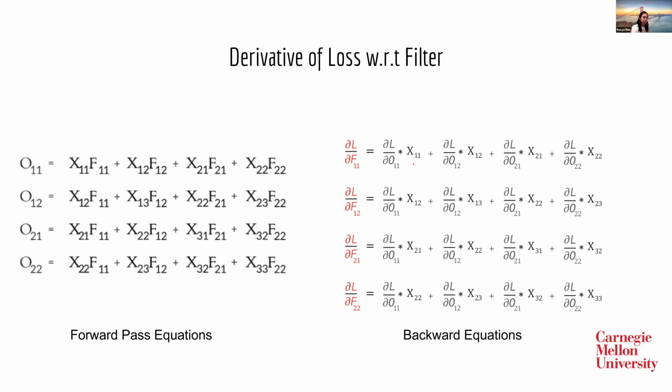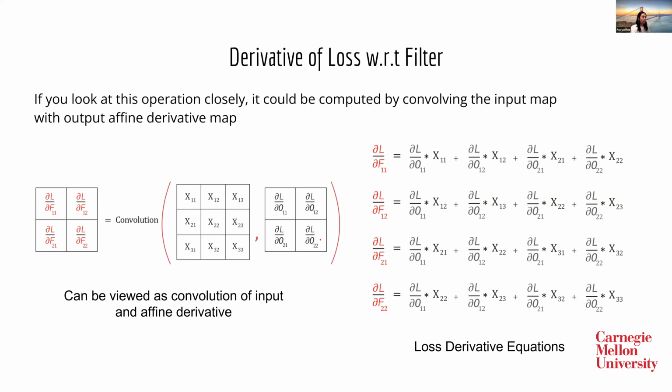So we can further simplify it to these equations, and this one is what we already have, because when we calculate the current layer, we always have the derivative of the layer next to the current one. So we now have both terms.